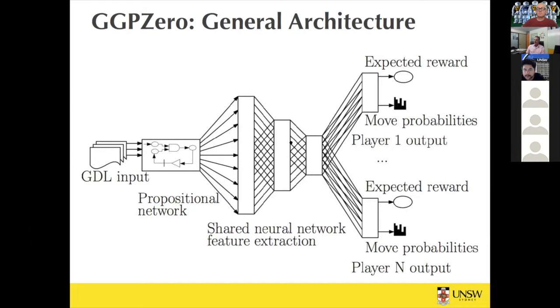And this was then combined with a neural network that we used for self-learning in the exact same way, and for search, as was done in AlphaZero, with the result that this neural network was able to predict an expected reward and move probabilities, qualities of moves, for every player in the game.